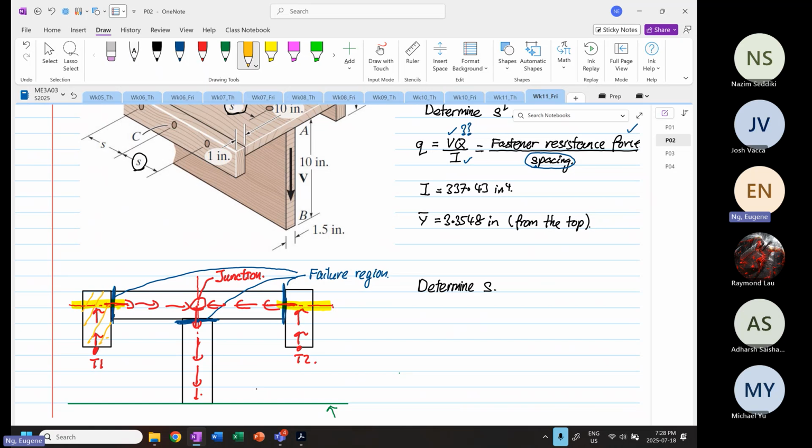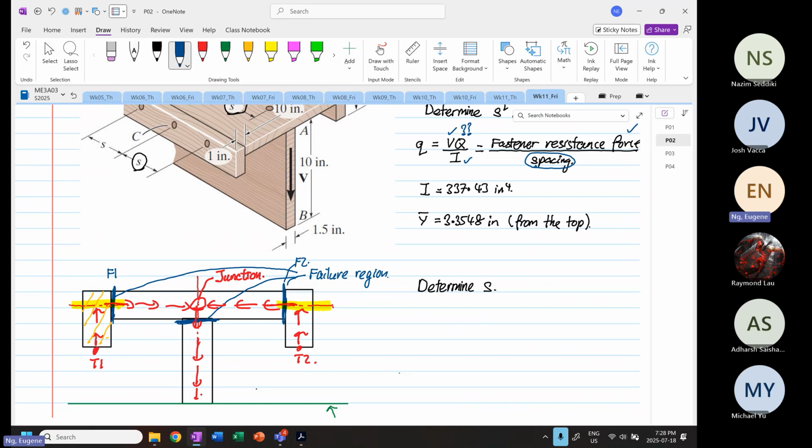I call this failure 1, and over here is failure 2. Failure 1 is affected by terminal 1 and the shear flow across the entire member. For failure 2, initially the shear flow will start from where? T2, yes or no?